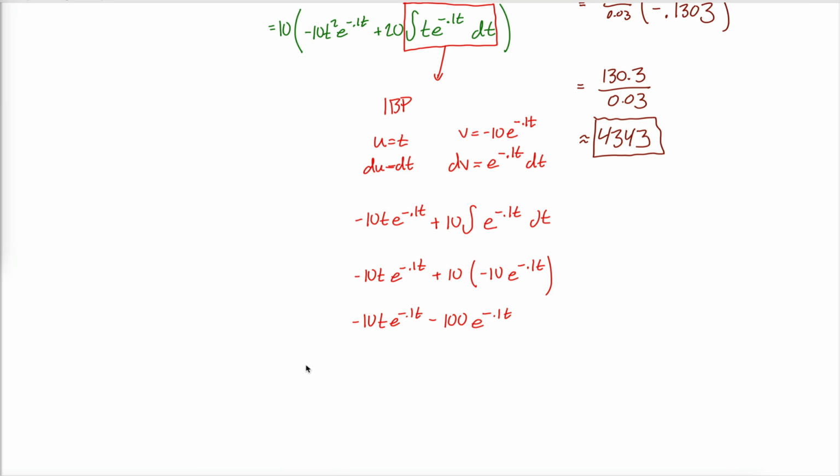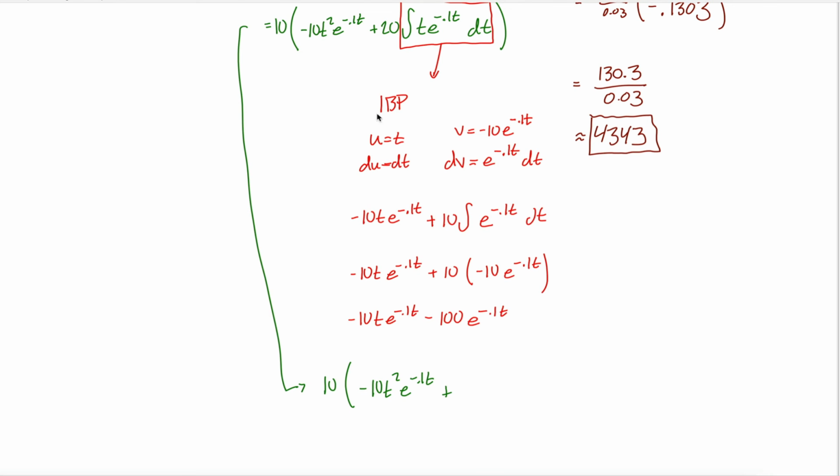The whole integral is 10 times negative 10t squared e to the negative 0.1t plus 20 times this thing that I got in red. Let's see, 20 times this thing that I got in red sounds like minus 200t e to the negative 0.1t if I take this 20 and distribute it to this term.